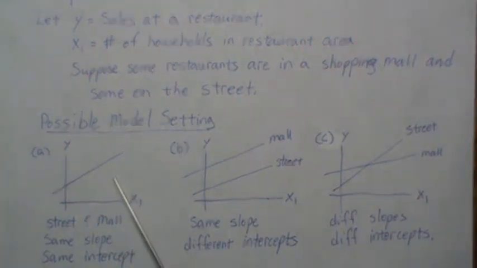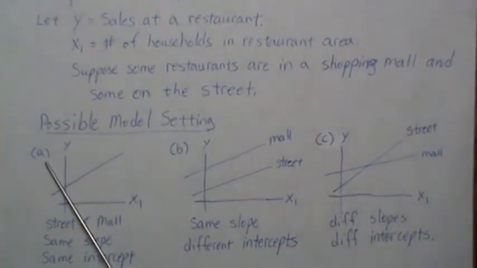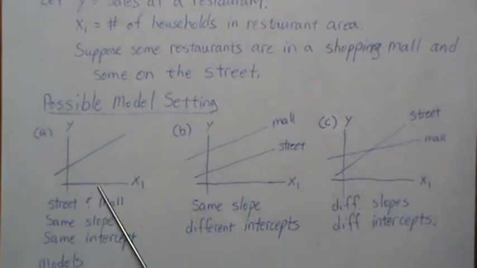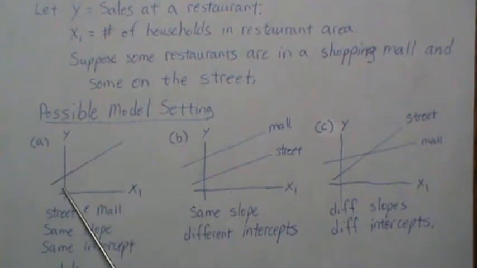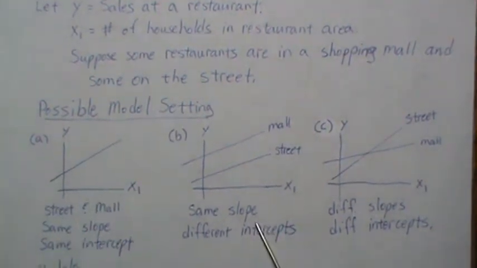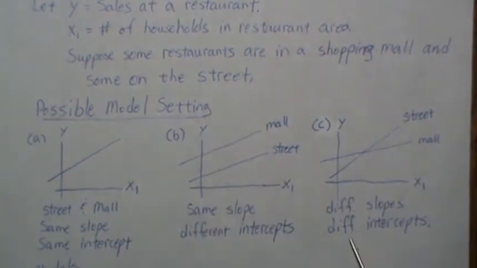So here's some possible settings. The street and mall restaurants roughly have the same slope and the same intercept, or they could have the same slope but different intercepts. They could have different slopes and different intercepts.